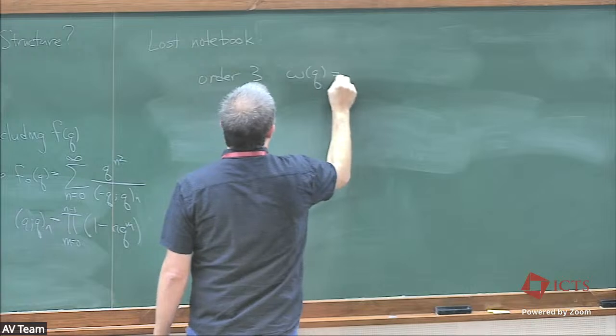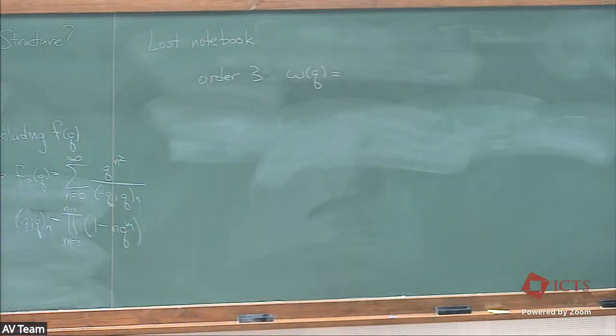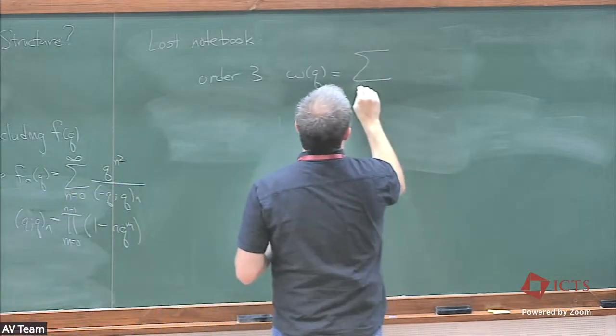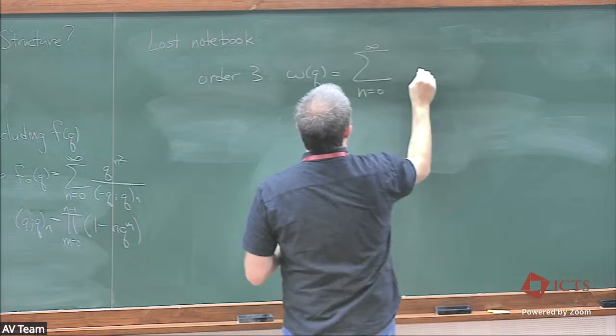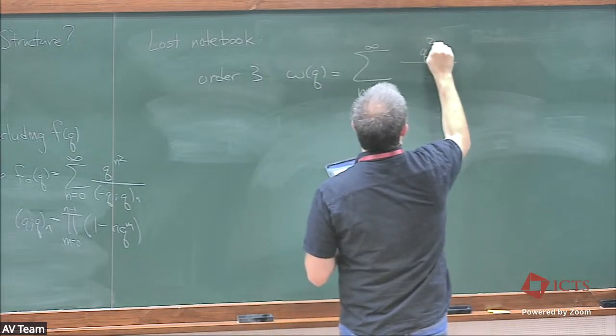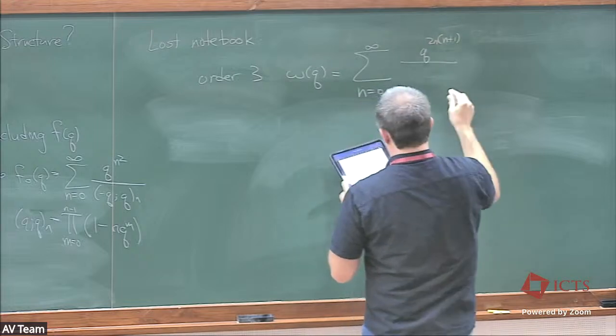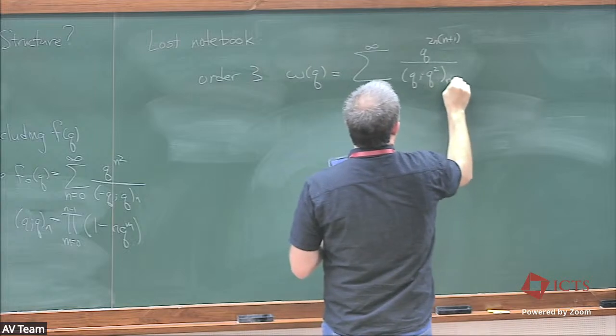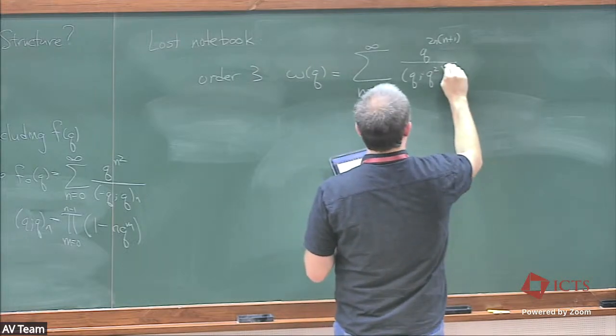And we saw omega in Atul's talk yesterday. So let me write it down. Sum of q to the 2n times, n plus 1 over (q squared; q squared) sub n plus 1, and that's squared.